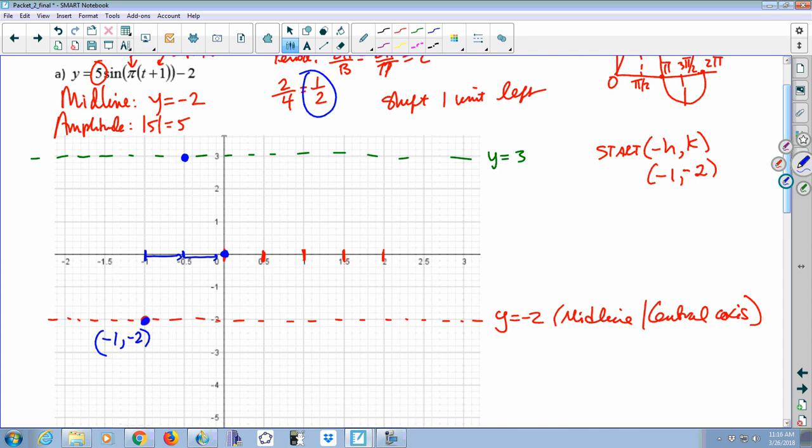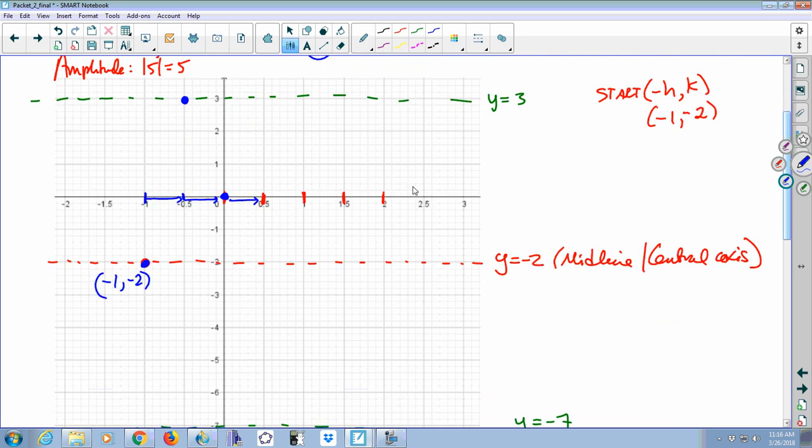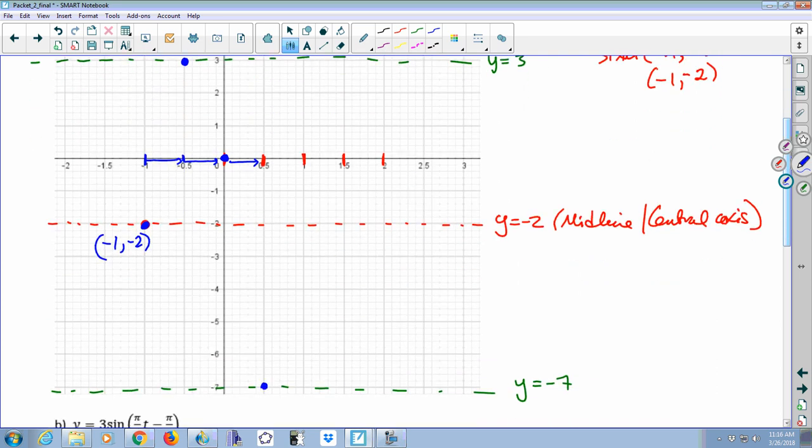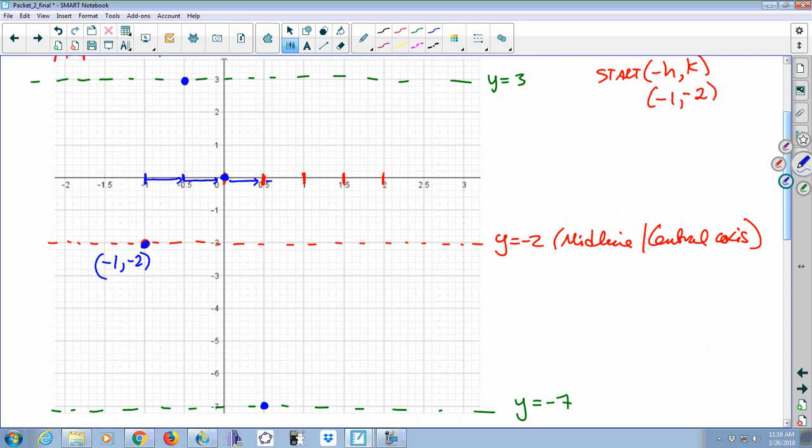I take another step 1/2 to the right, and now I'm at my minimum point, which is way down here, -7. And then when I take 1/2, I'm right back to the start, because from -1 to 1 is a period of 2. So here's my graph.